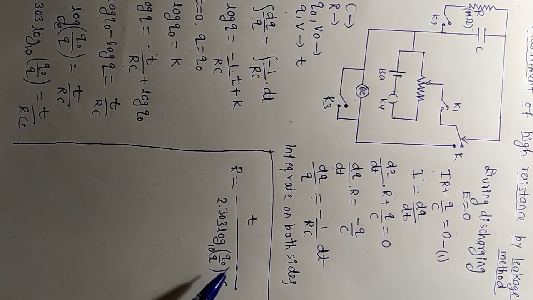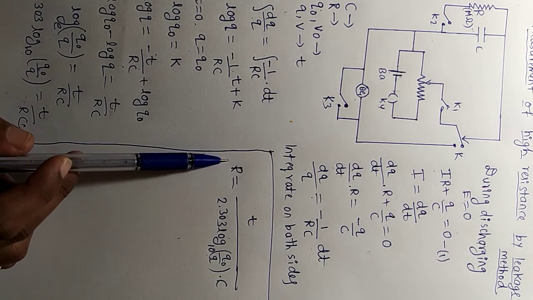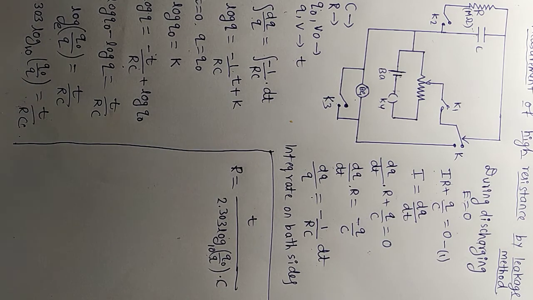If you know these, then only are you able to find the R value, that is the high resistance. Now the question is how to find the number of charges in the capacitor, the Q0 and Q values, because C we can calculate, t we will come to know, but how to calculate Q0 and Q?